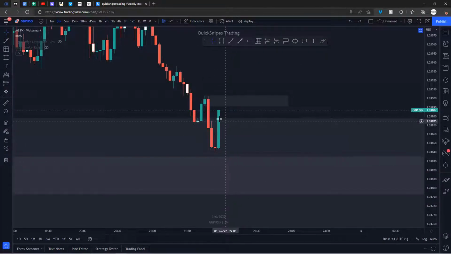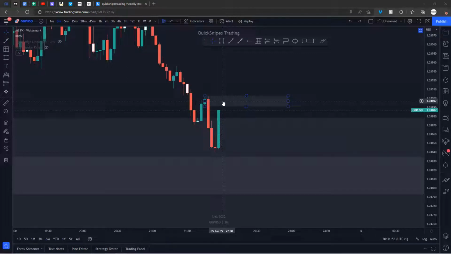And then that will form some other supply zone similar to this. And then I want to see that supply zone fail. And then when that supply zone fails, it will be a supply to demand flip. And then we can enter off of the first demand zone.